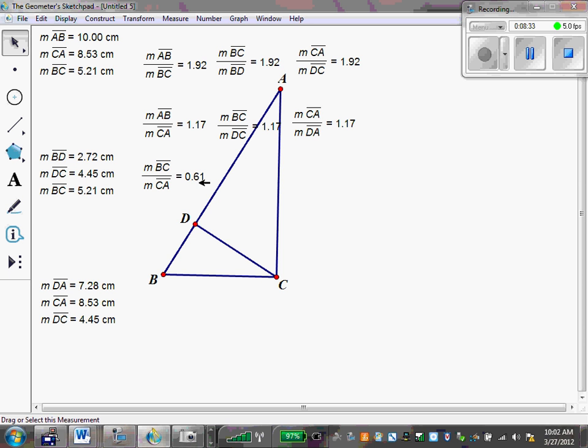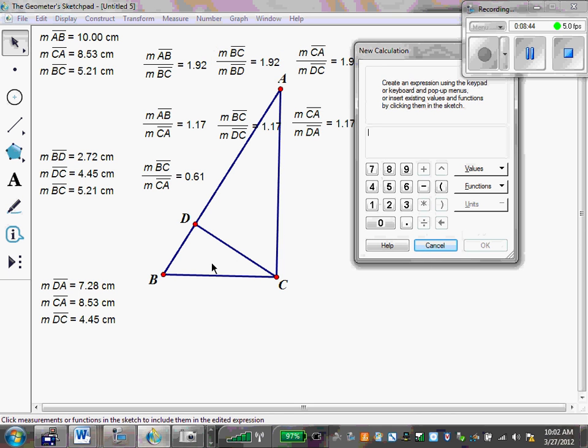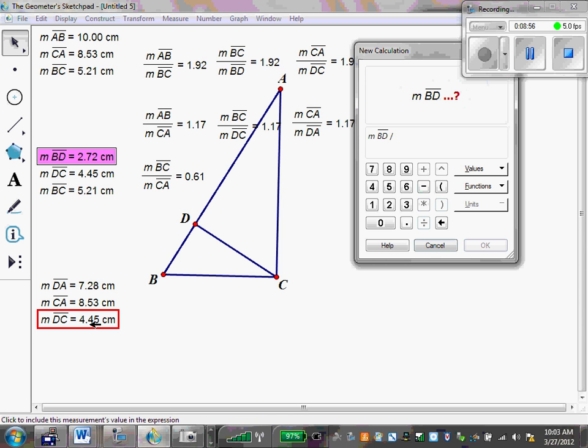Let's see if the two smaller right triangles are similar to one another. So I'm going to pull up my calculator, and this time I will use the shorter leg BD and divide it by the shorter leg here, which is DC.